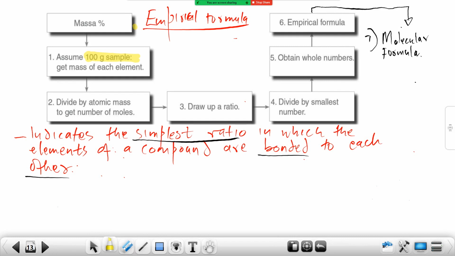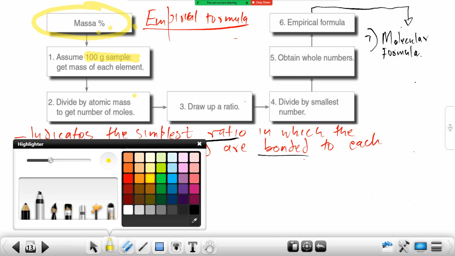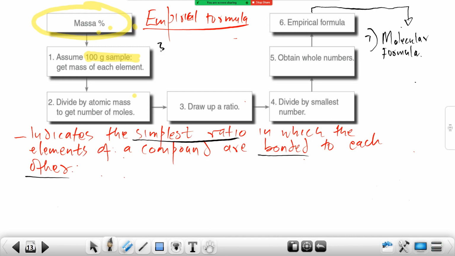Check how this is arranged. If the mass is given in percent, then you must just divide that by 100, or automatically you will be converting it, because that will be in a 100-gram sample. So basically, if you have 35%, it says in this case it will equal 35 grams.